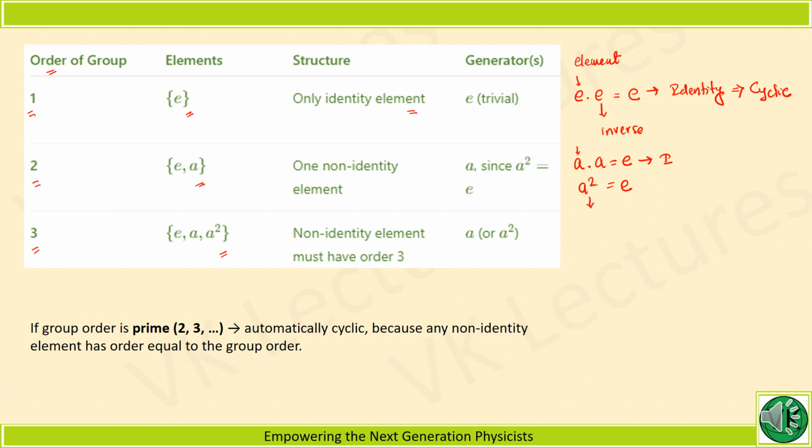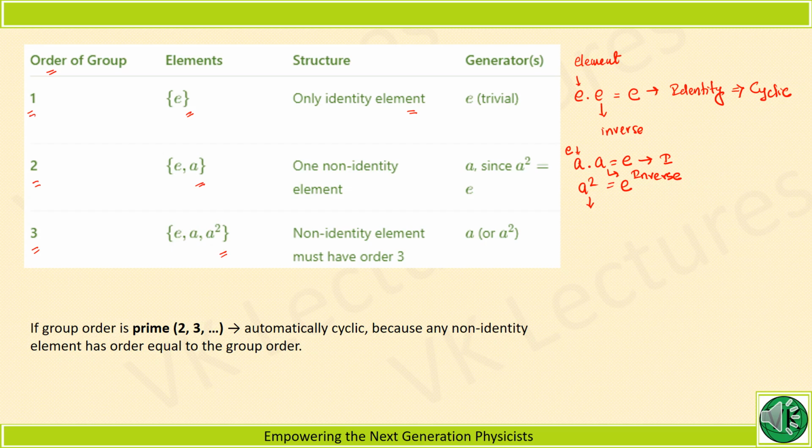So this is the element, and this becomes the inverse of the element. a itself is the inverse of that particular element, where you get the identity element, which is e, for the case of order 2.